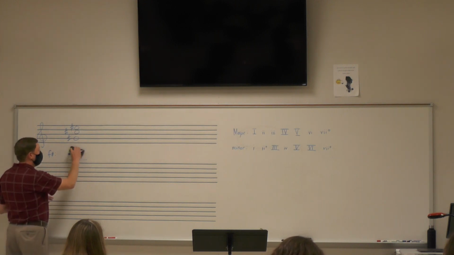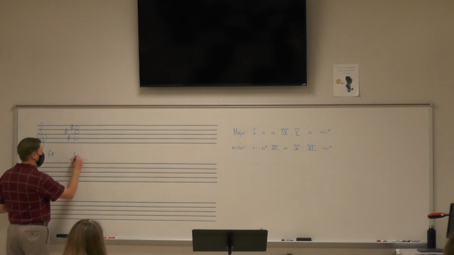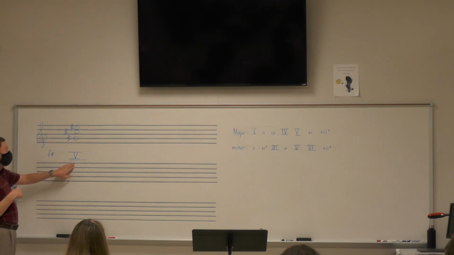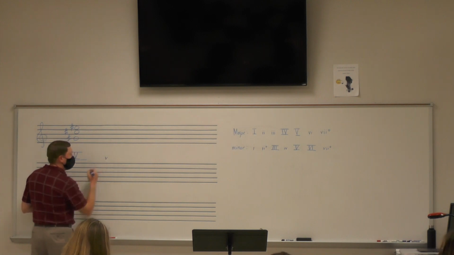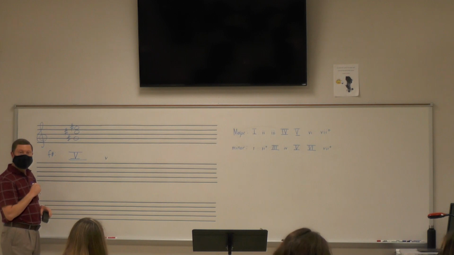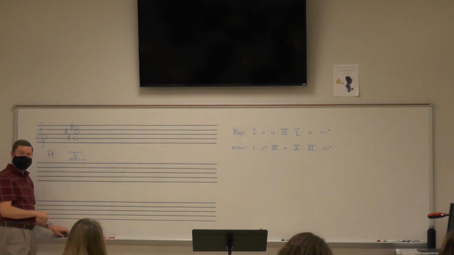So just to be clear for my sake, I always like to have my students be clear about their 5s and put a line above and a line below to let me know that that's your capital 5. So if you can get in the habit right away, when you notate your Roman numeral 5s as capital 5s, to put lines above and below, then I won't confuse them for these little itty bitty things, which are actually pretty worthless chords. Yeah, we don't write minor 5s in this class.